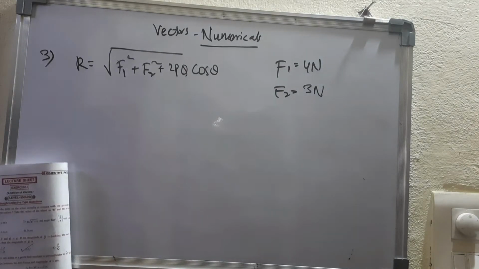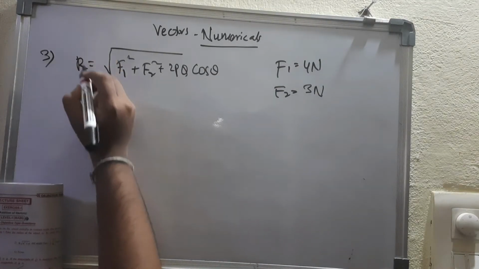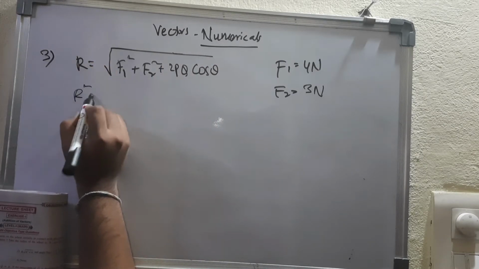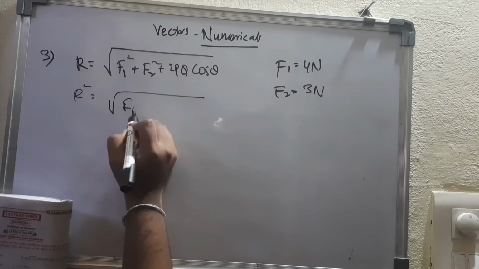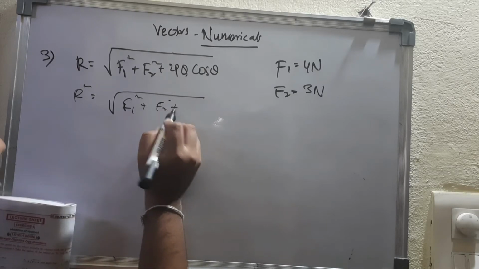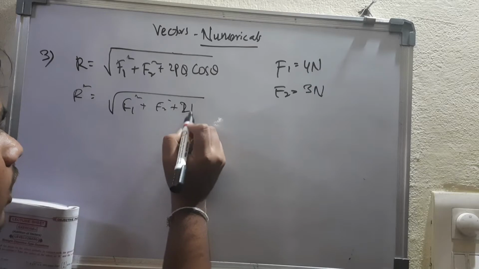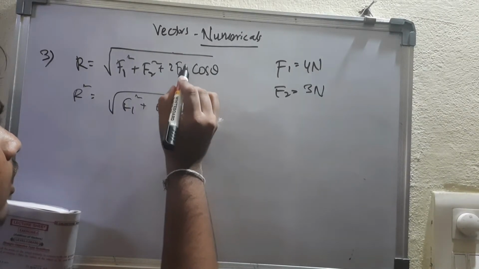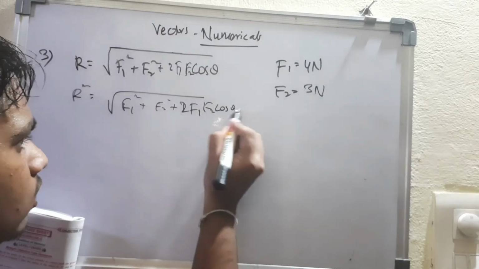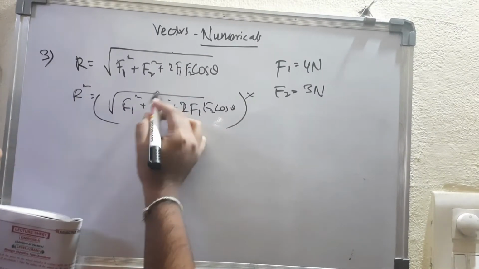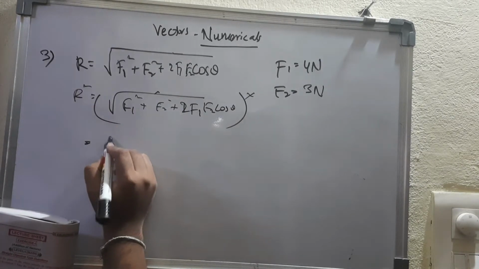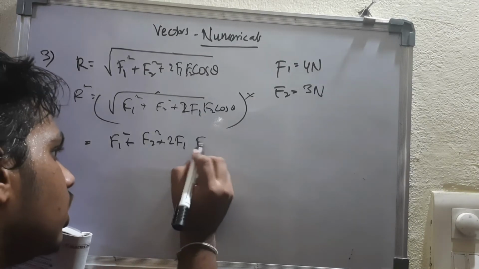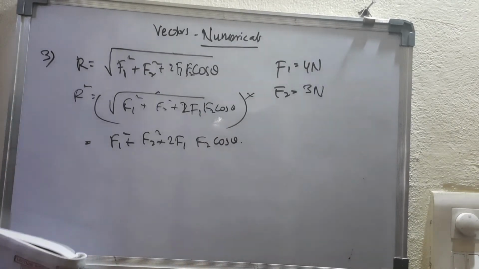He said square of resultant, so squaring on both sides, R square equals F1 square plus F2 square plus 2 F1 F2 cos theta. Okay.